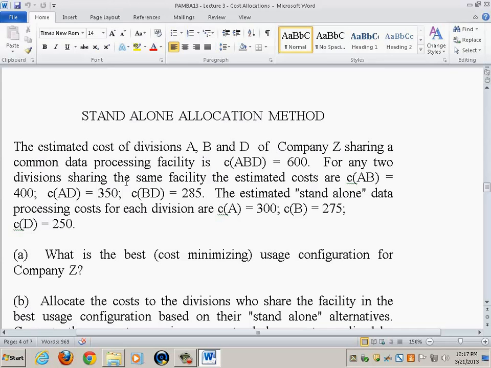And if we could do it, we could estimate the cost, and that cost is that standalone cost, if each unit and each product had its own standalone facilities. So let's go through a simple example.